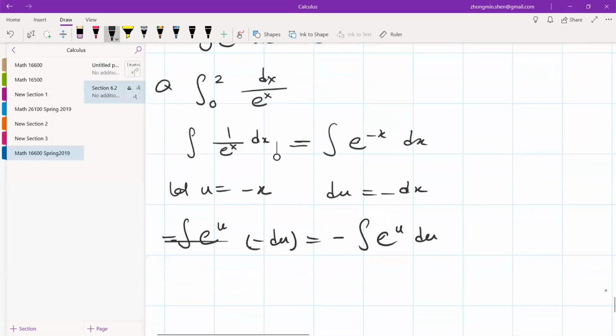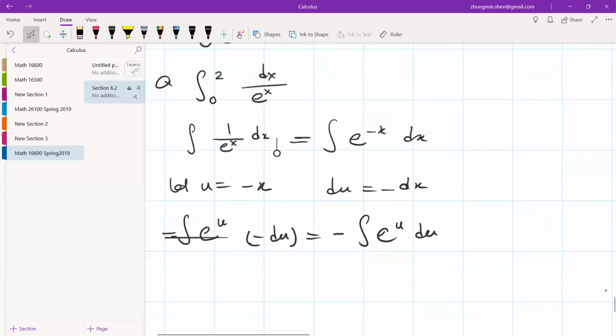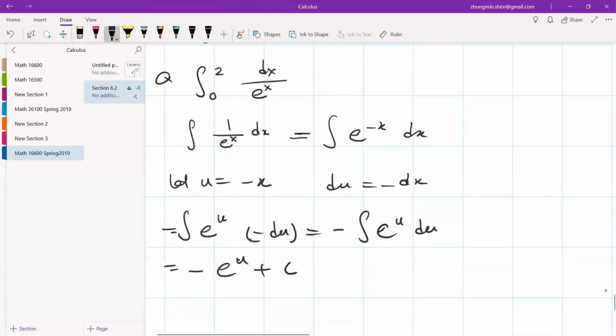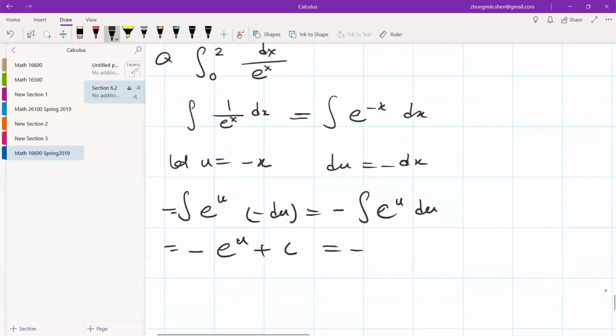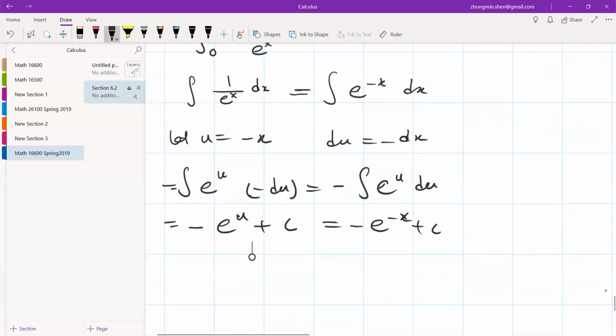For this one, it's going to be negative e to the u plus constant. Doesn't matter, plus minus. So u is negative x, and we get this.